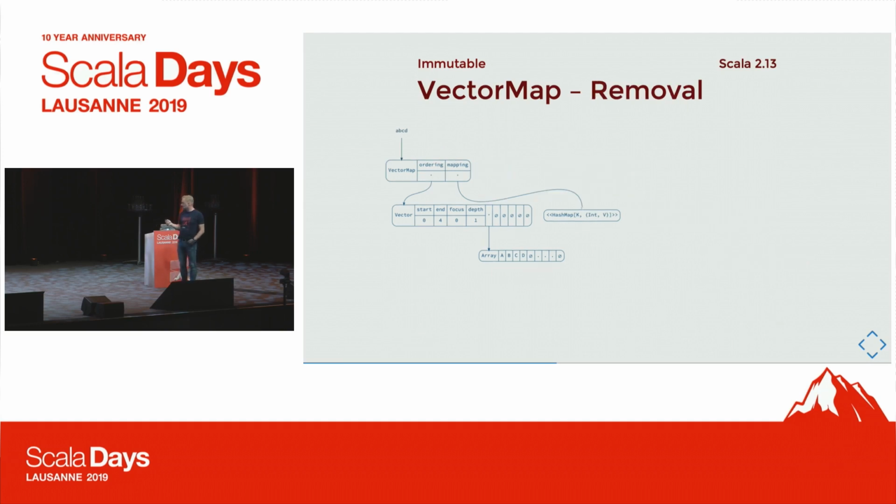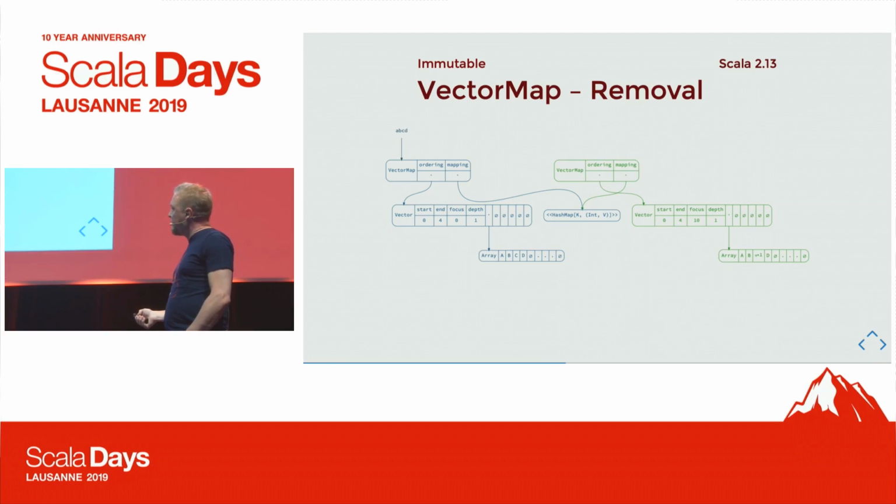And for removal, this is an interesting case for VectorMap. We have the vector here, and when we remove stuff, the new vector won't remove the C from here. You see in the third position we have a C. It won't remove it. Instead, it will insert a tombstone here that says that you have to skip this element, skip one element ahead if your index is 3.